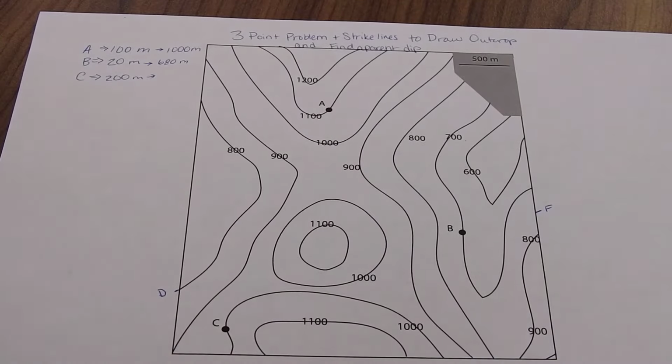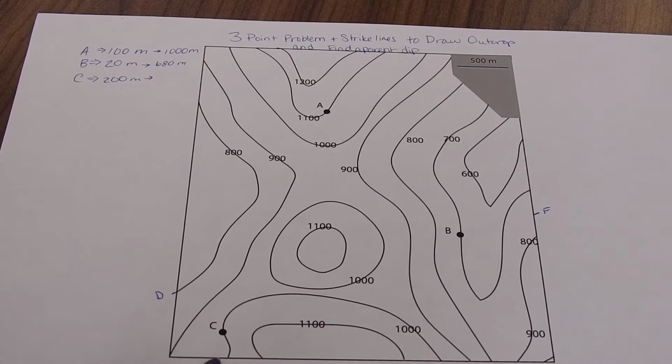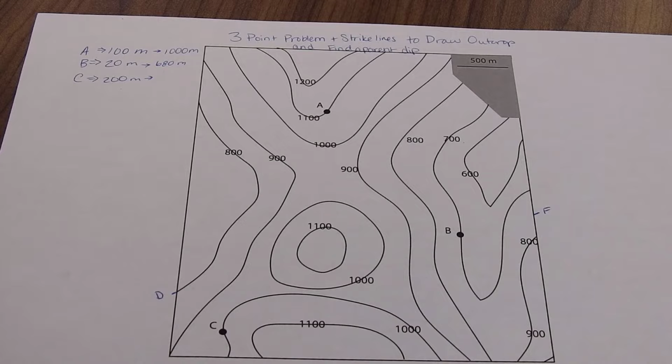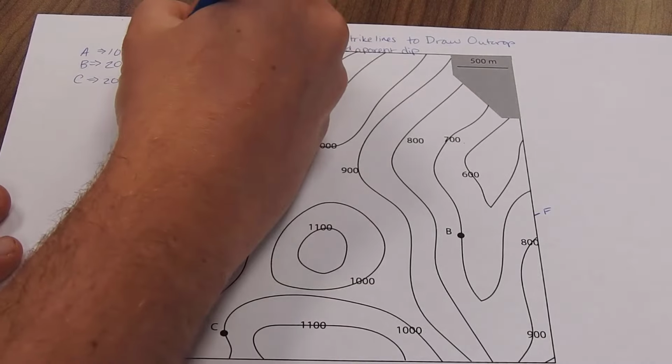And if C is 200 meters below the surface, and C is being drilled down and reached from an elevation of 1,000, then C is actually at 800 meters.